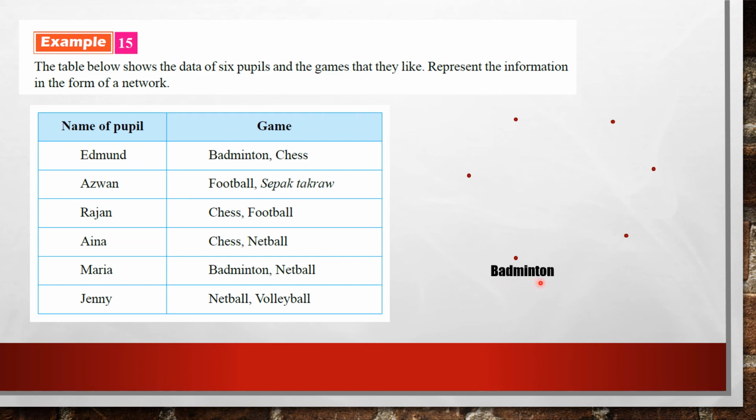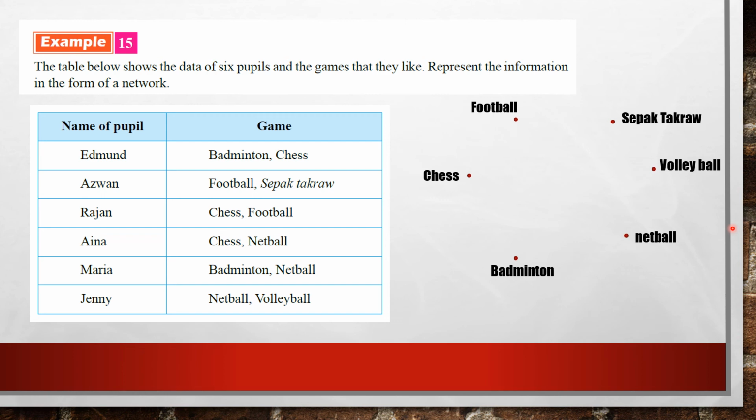So you can label the vertices according to the games given: badminton, chess, football, sepak takraw, volleyball, and netball. These are the games given. So next, we draw the edge.